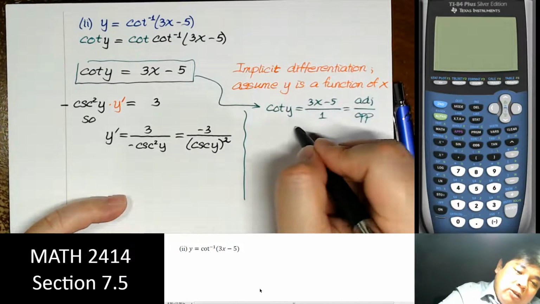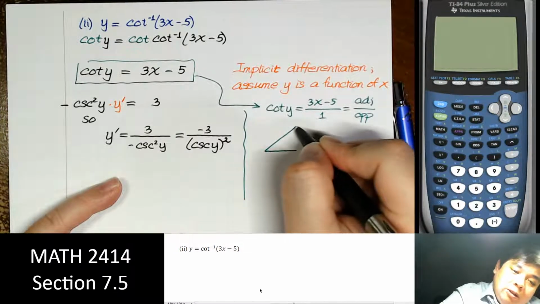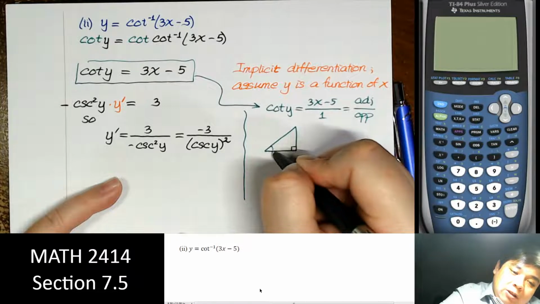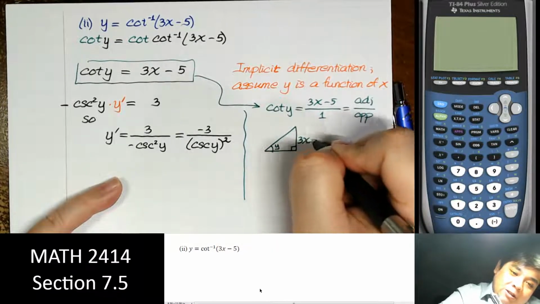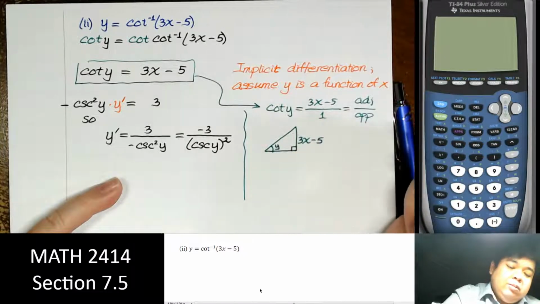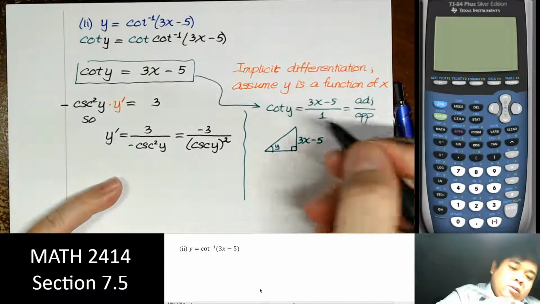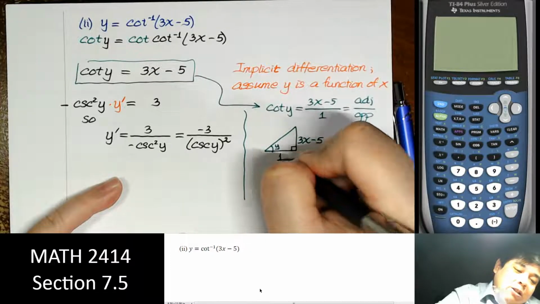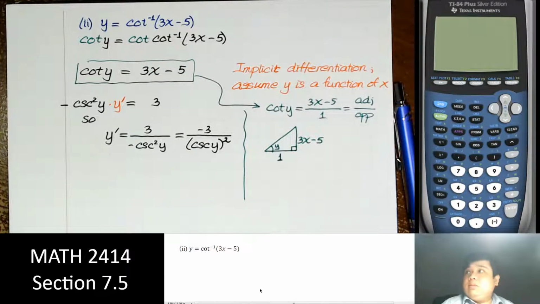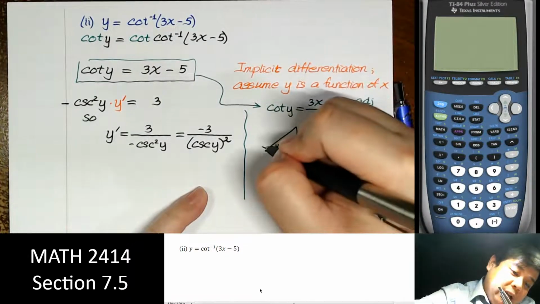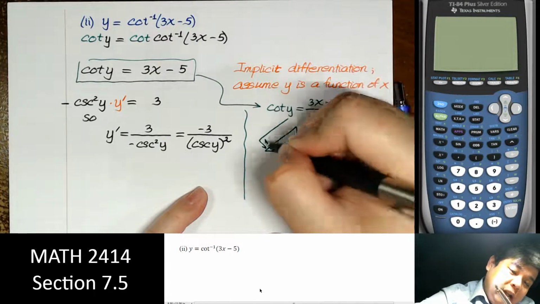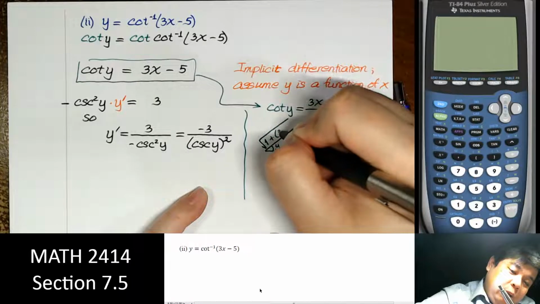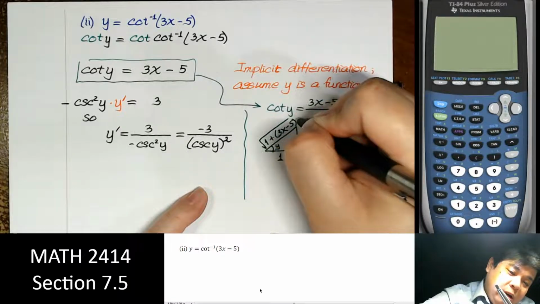So we have a triangle, and the hypotenuse is given by the Pythagorean theorem, 1 squared plus 3x minus 5 squared.